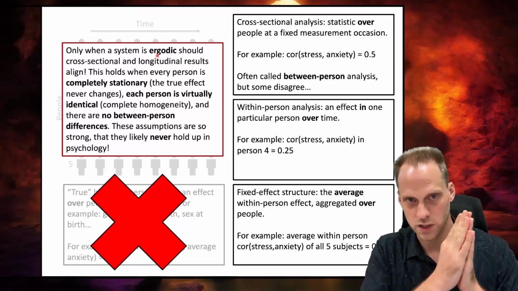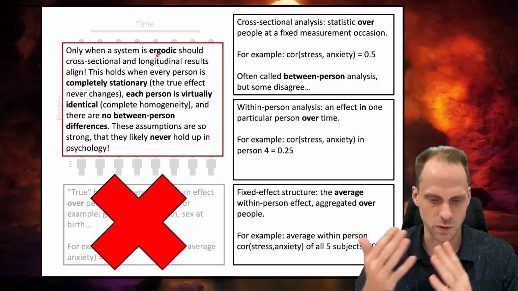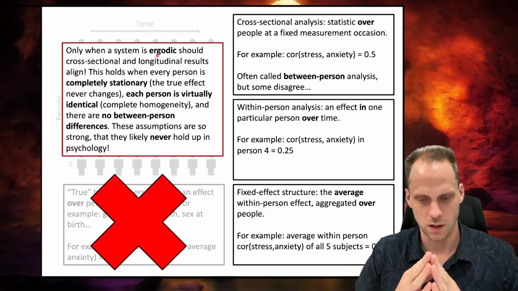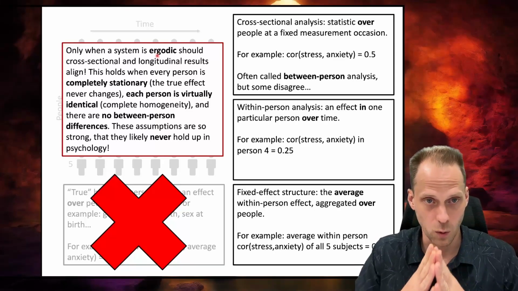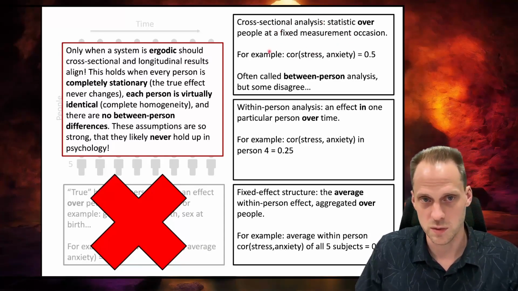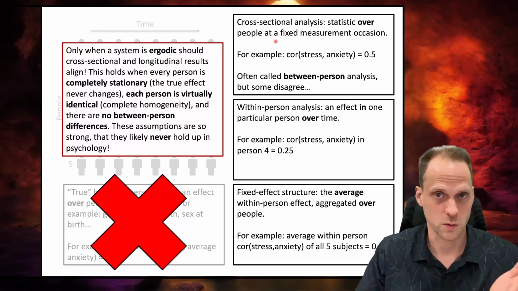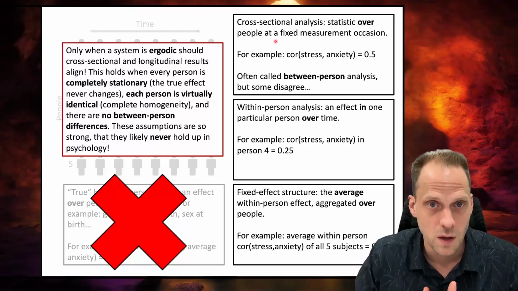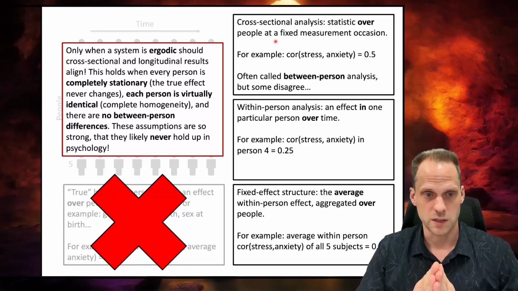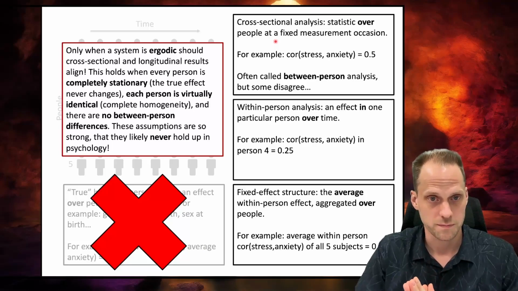If every person is the same, with the same averages and the same relationships between variables, then and only then will my single measurement analysis, my cross-sectional analysis based on a single observation, for example, a score from today, only then will that correlation equal the within person effect.